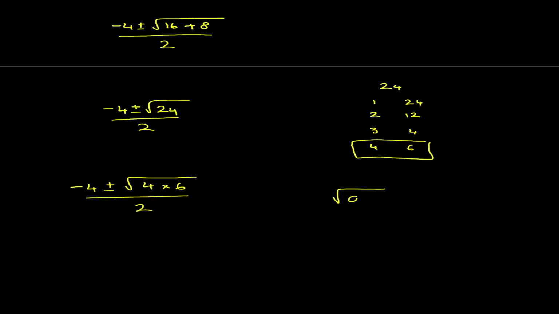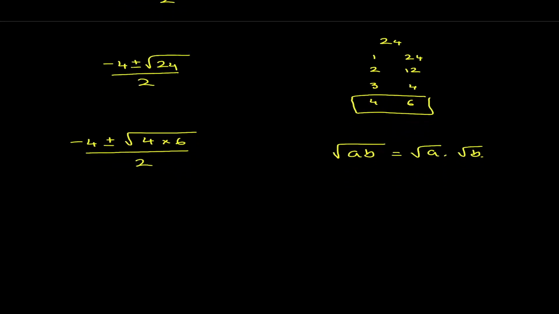There's a rule: whenever you're square rooting two multiples, you could split that, and you could just say it's the square root of a times the square root of b. So that means that square root of 4 times 6, we could just split as root 4, root 6. So we have negative 4 plus or minus root 4 root 6 all over 2. And root 4, we could work out as 2.